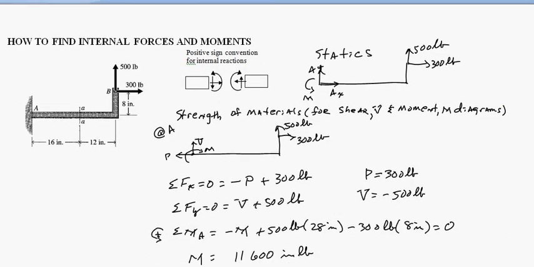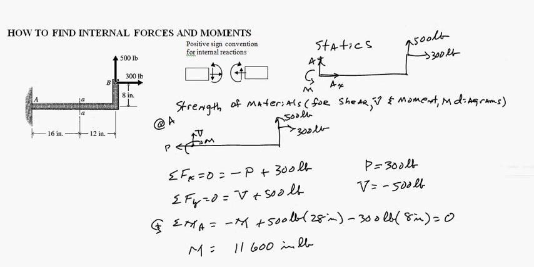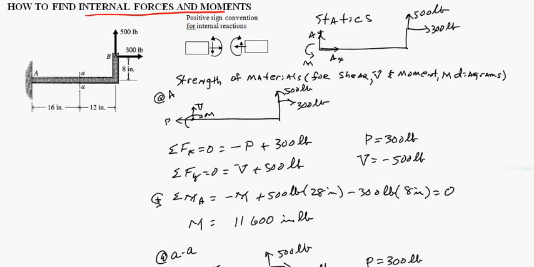Now, when you start to analyze the stresses within the material, you need the internal forces and moments to find those stresses. The names of the forces change, because now we're talking about internal forces that cause stresses.